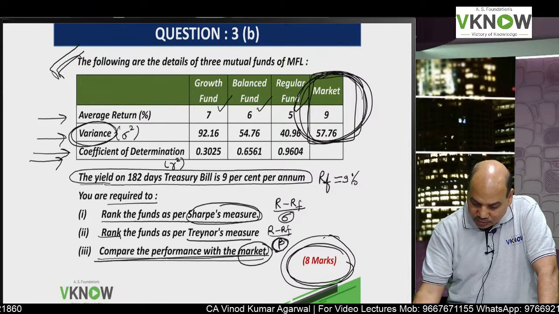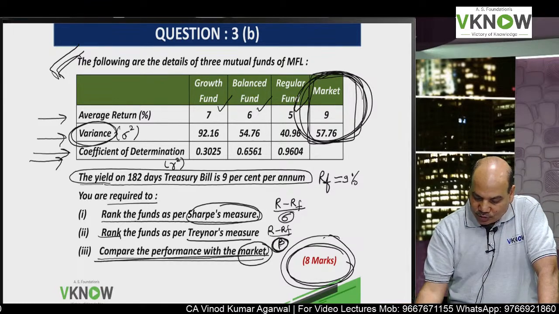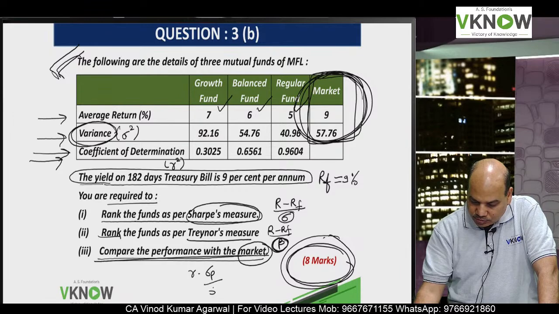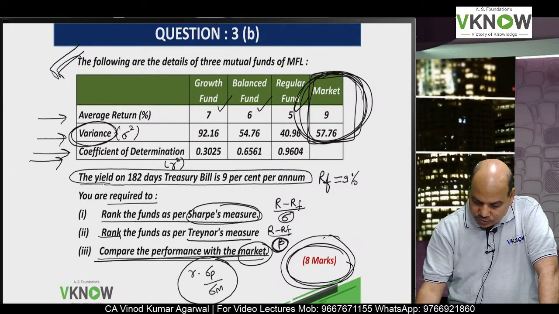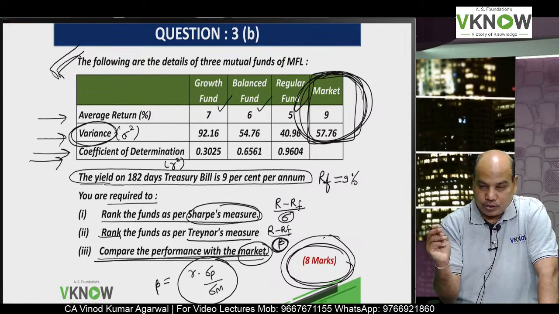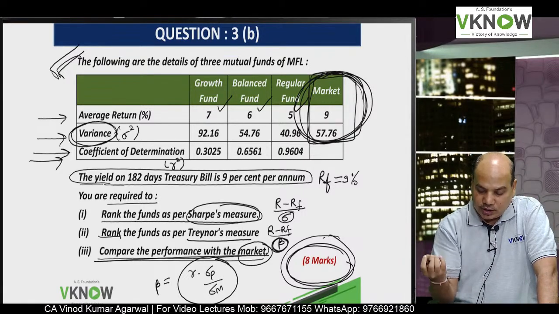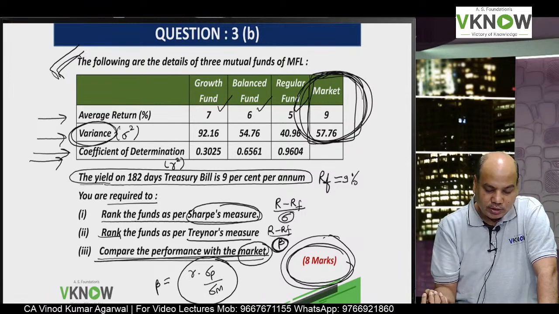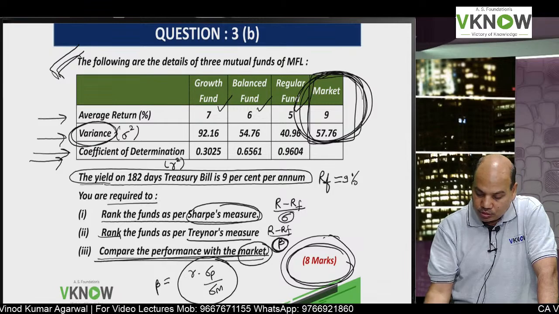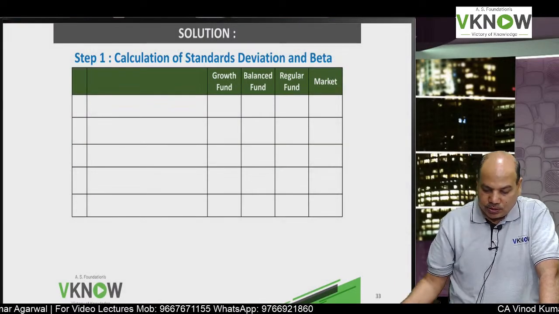I need beta, so I have to apply the formula for beta, R into sigma E upon sigma M. This will give me beta. So first what should I do? First we should find out the standard deviation and beta from the given information, and then we can compute Sharpe and Treynor ratio. So write down step 1.